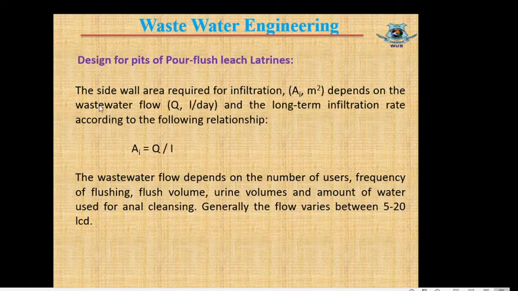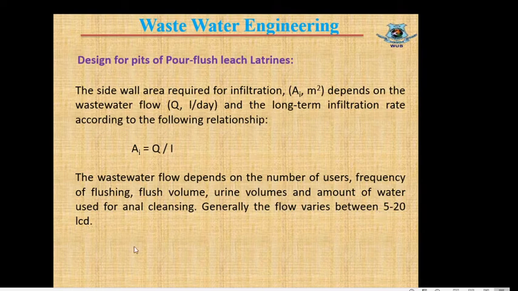To design a leach pour flush latrine, first we need to calculate the infiltration area AI, and we can calculate it using this equation: AI equals Q divided by I. Here Q equals the total wastewater flow, and generally the flow varies between 5 to 20 liters per capita per day.